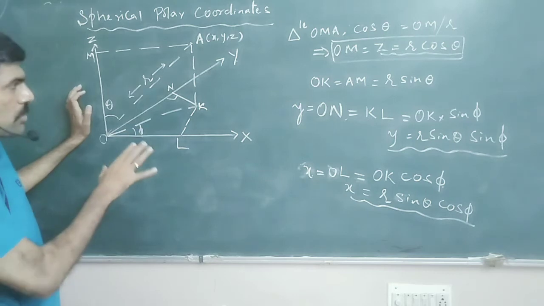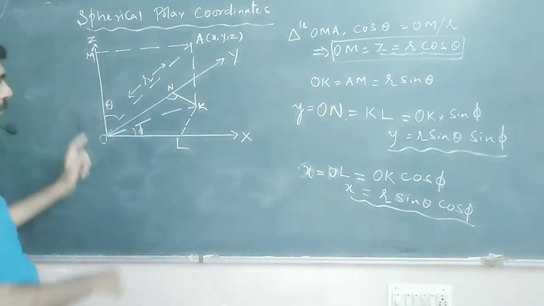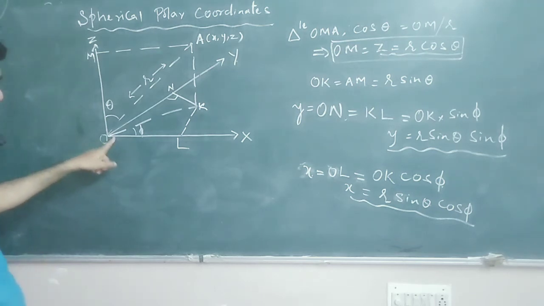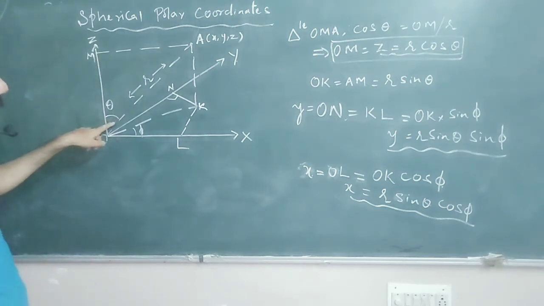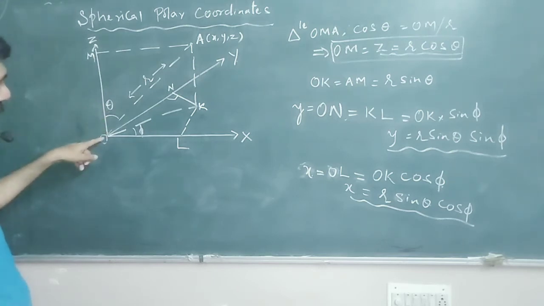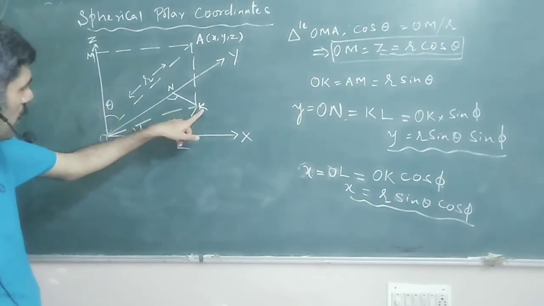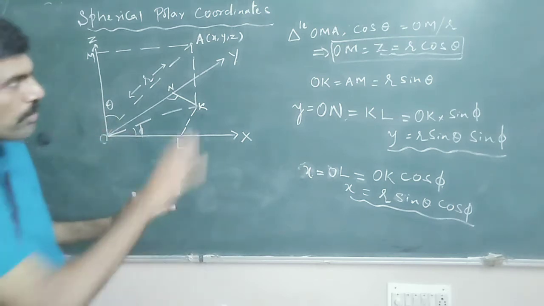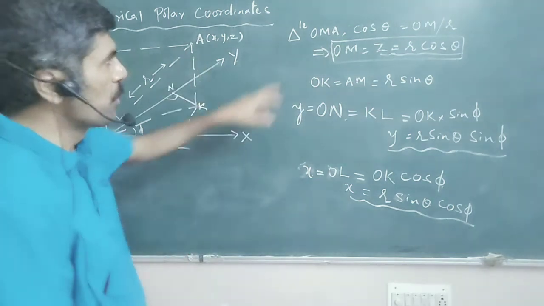Take 1 or 2 minutes to understand the meaning of this picture. OA is nothing but r. The angle cut by OA with the z-axis is called theta, and the angle cut by OK with the x-axis is called phi. Let us focus on one triangle, which is OMA.